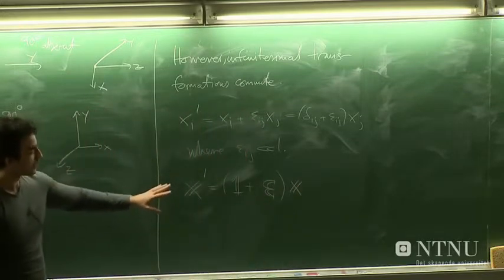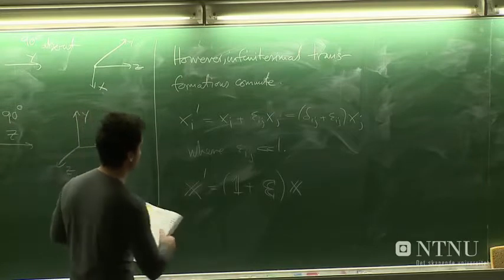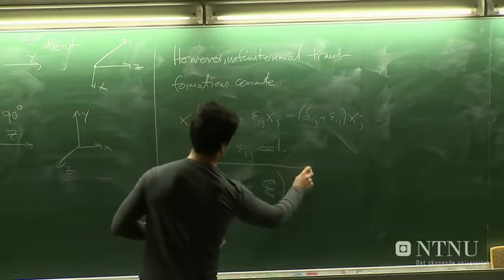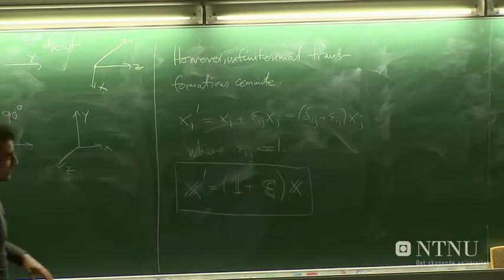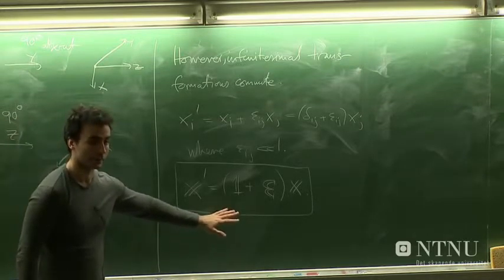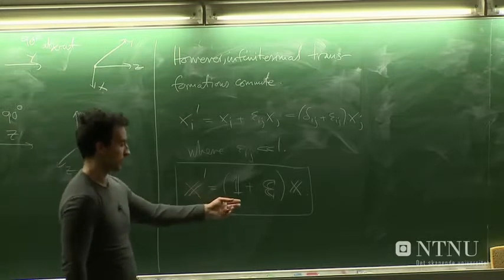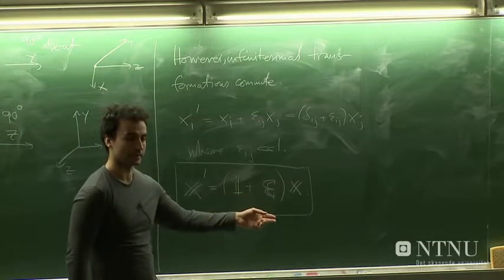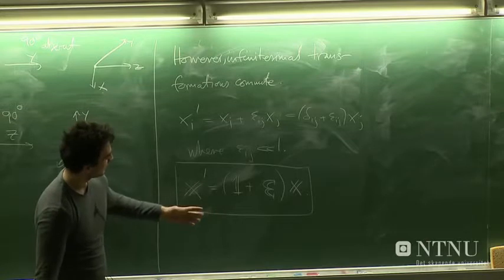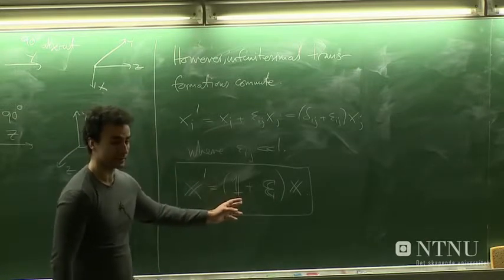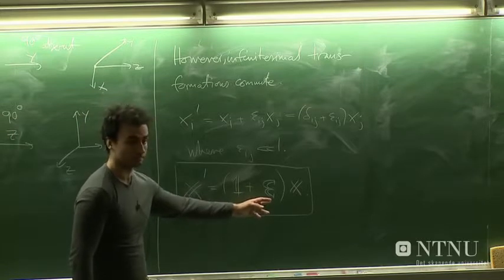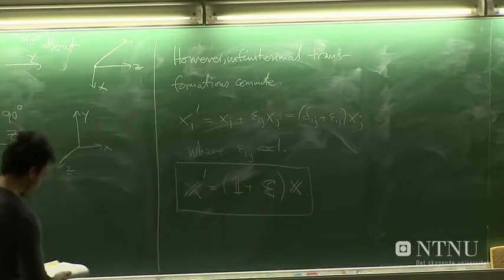So in matrix form, we can write it like this. And you see that this is equivalent to our previous notation if you just call this 1 plus epsilon matrix A. So this is a transformation matrix which we write as the identity matrix plus something which is small.